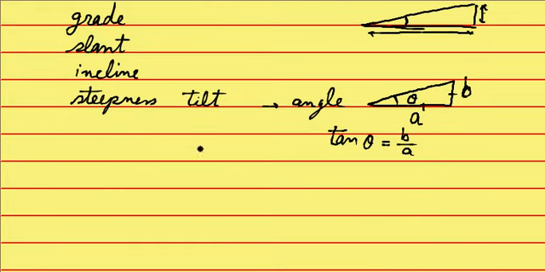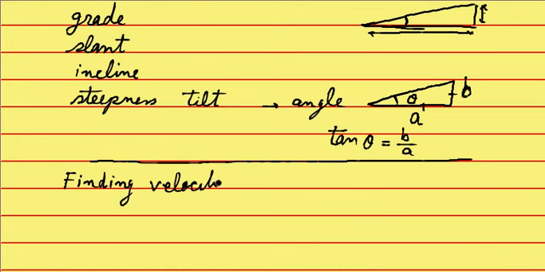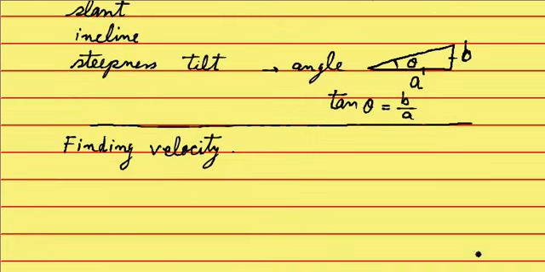Okay, now many problems you see in this section are related to finding velocity. The algebra involved is exactly the same as what we have gone through. What is important is to understand the notation and the meaning of the various variables.